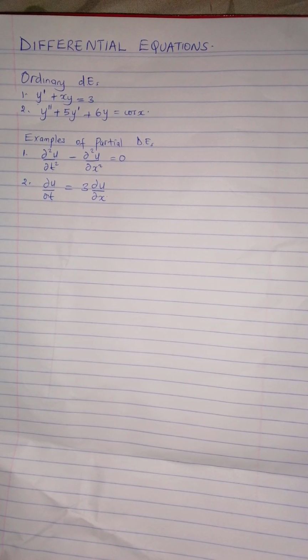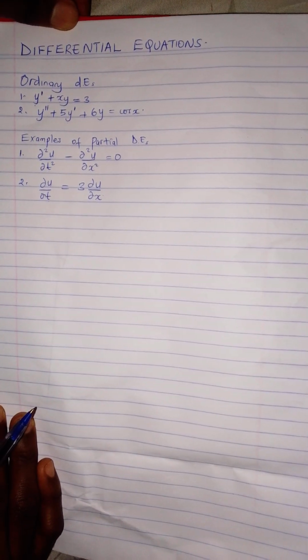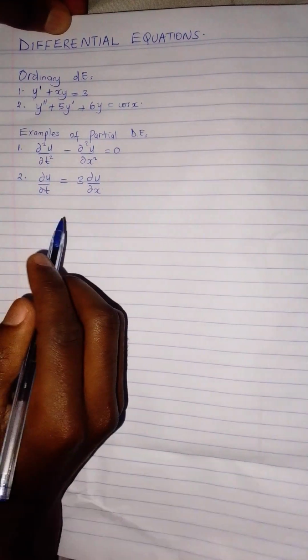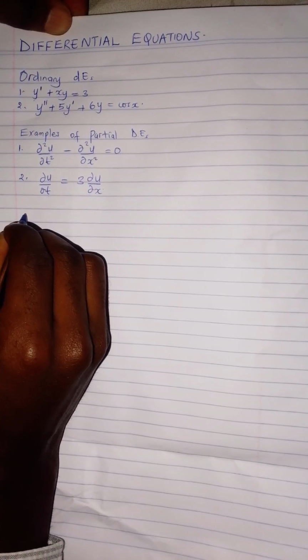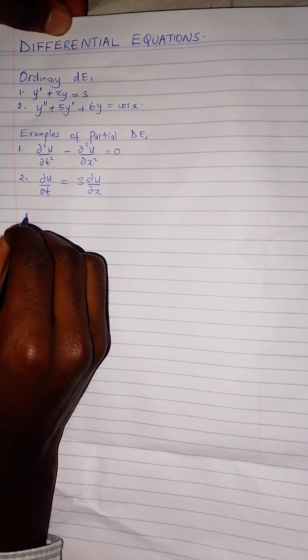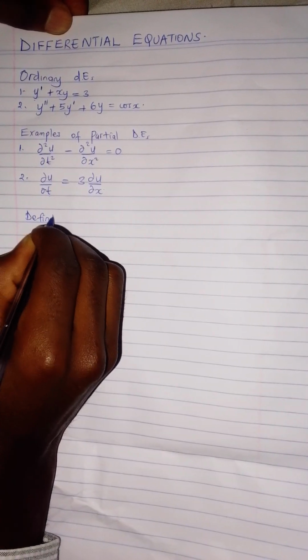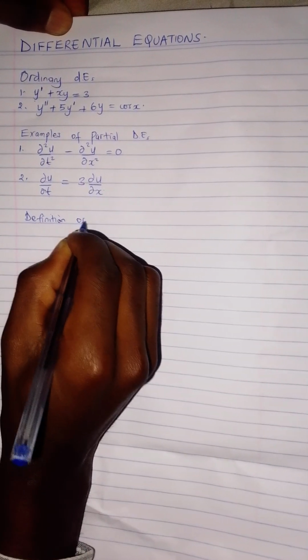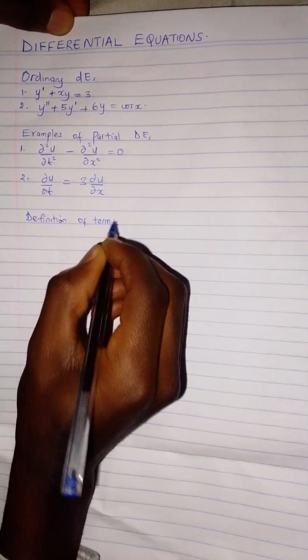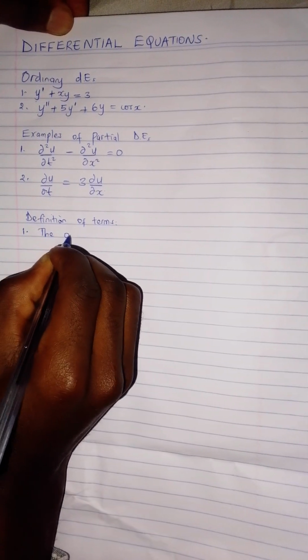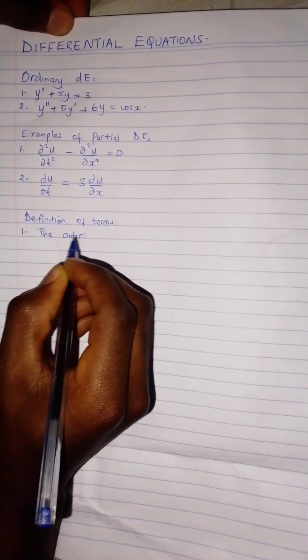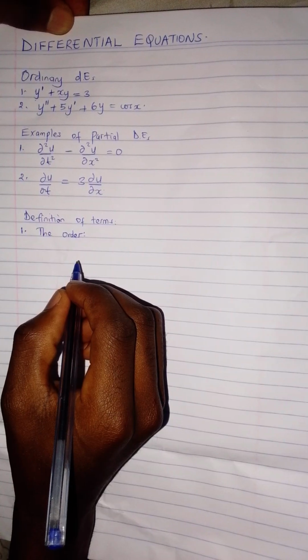Then in differential equations, we have some terms which we normally use, and one of them is the order. Now we have definition of terms. Number one, we have what we call the order of a differential equation.